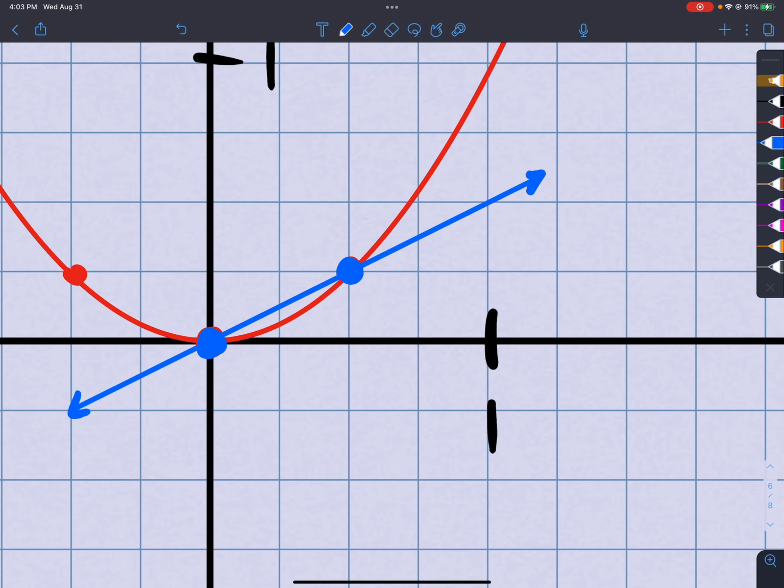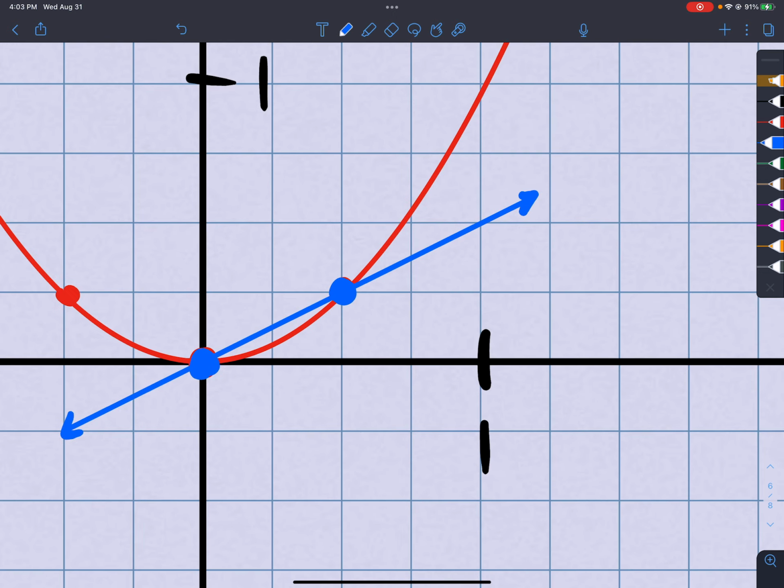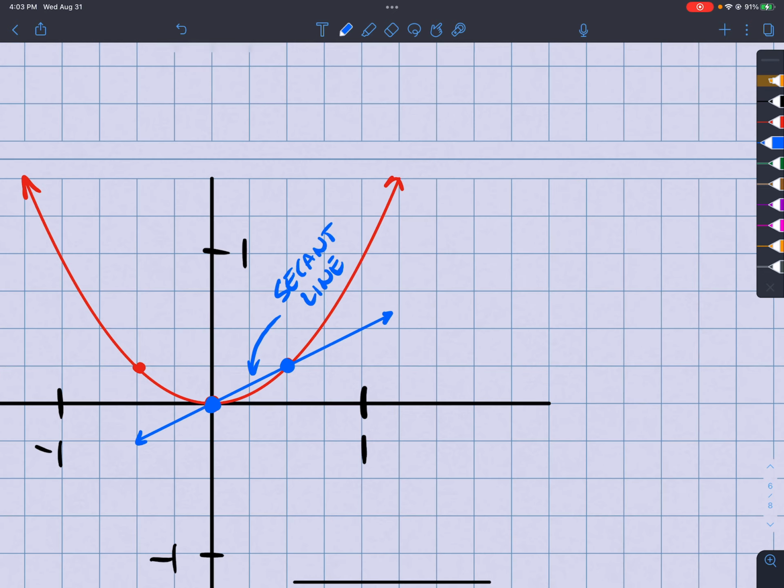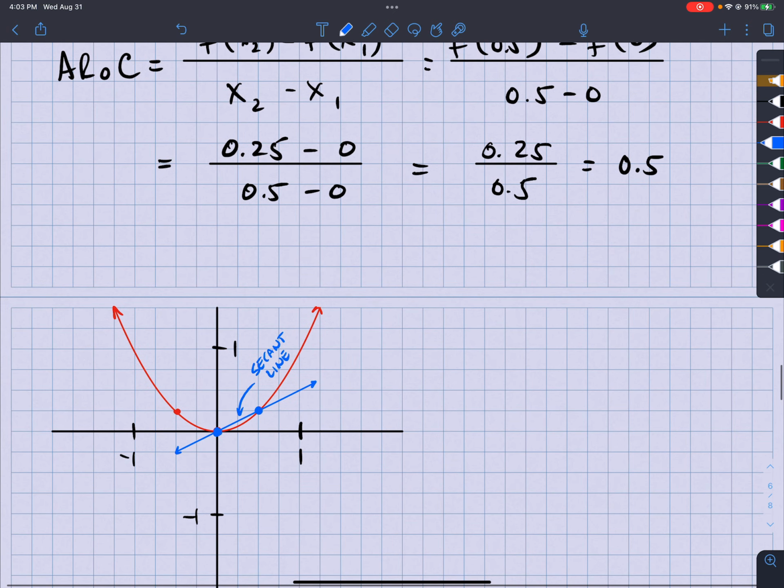And what I'm looking at is this line right here, this blue line, which is called a secant line. So what I just found here, 0.5, is actually the slope of the secant line.